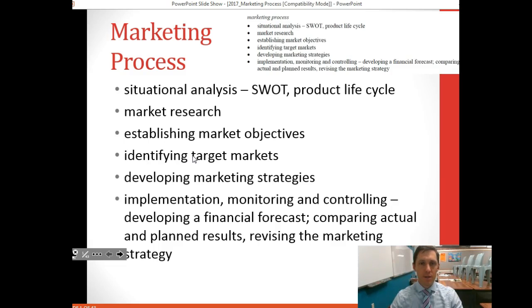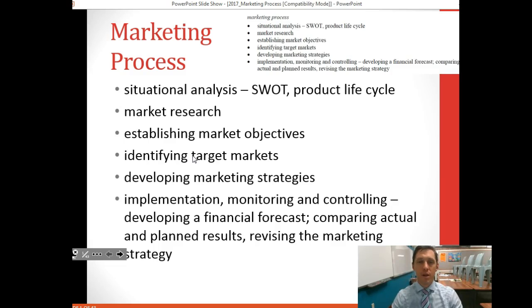Once the situation analysis has been done, the business will go on to undertake some market research. It will then look to determine, okay, what are the market objectives for this business. Out of that would come its appropriate target market or target markets. Once that is achieved, then it's about establishing marketing strategies.